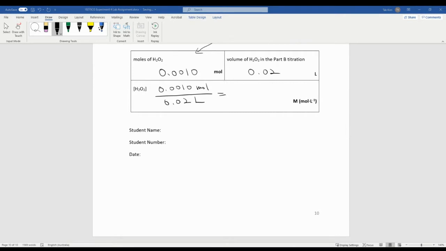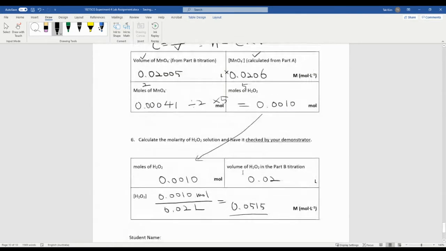So using the number of moles and then divided by the volume in liters, which is 20 mL. So I have, so this is the molarity of hydrogen peroxide. And yep, this is the last page.